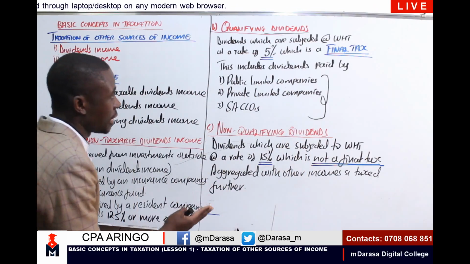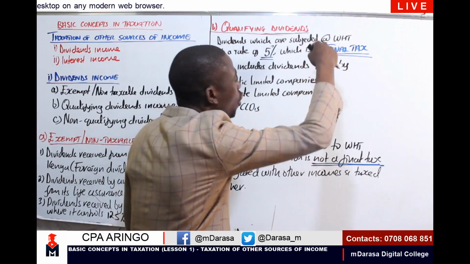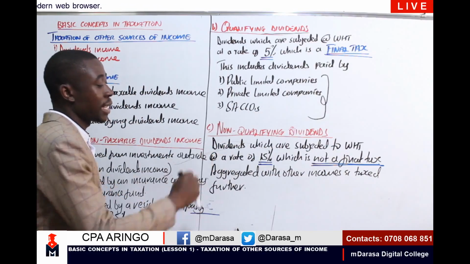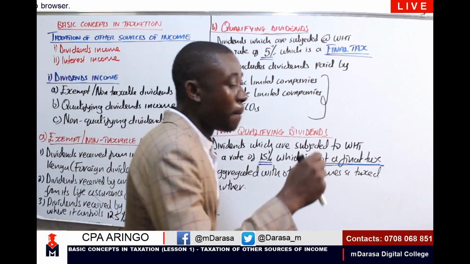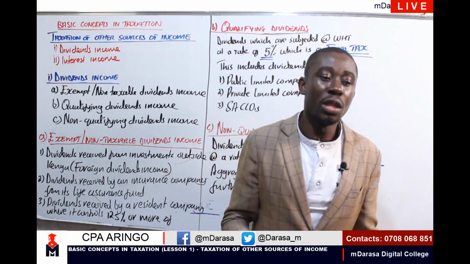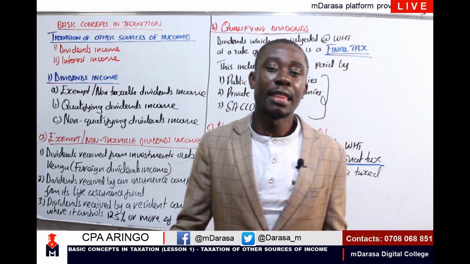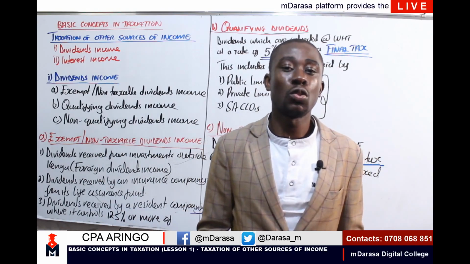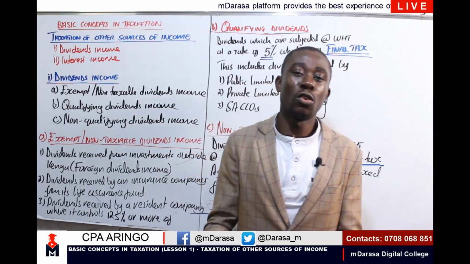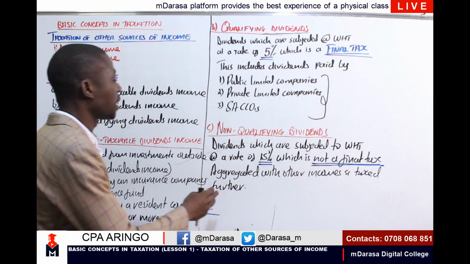So we are saying that qualifying is a final tax. That is the only component of tax. Non-qualifying, withholding tax is 15%, yes, but this income is going to be aggregated with other incomes and taxed further at a rate of 30%, which is corporation tax for resident, and 37.5%, which is corporation tax for non-resident companies, where we'll also be looking at a case.